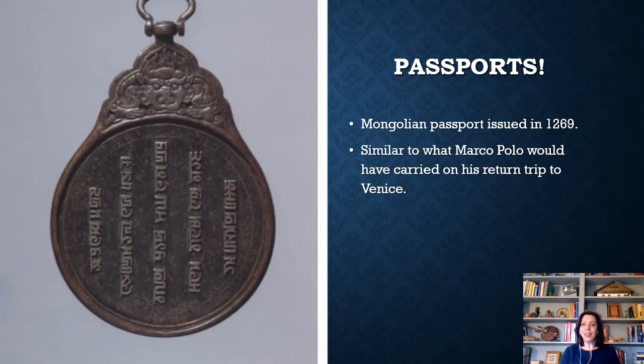China had their own system, so they actually have documents that go back prior to the 1200s that demonstrate that they were tracking all the international traders. It was almost like a hotel check-in system. So there are scrolls that they would keep that would document who was coming in and out of their territory. So this was something that was very important to the different governments at the time.